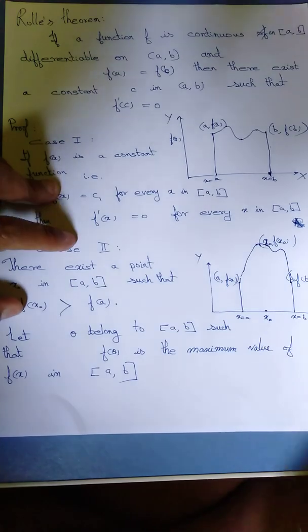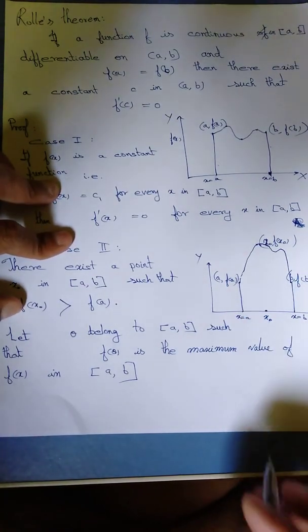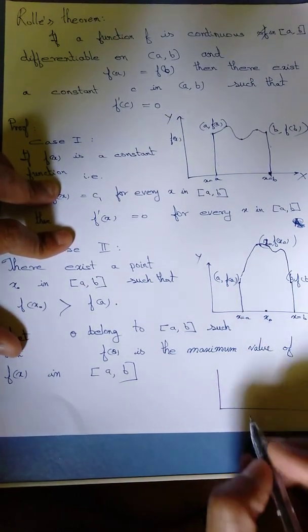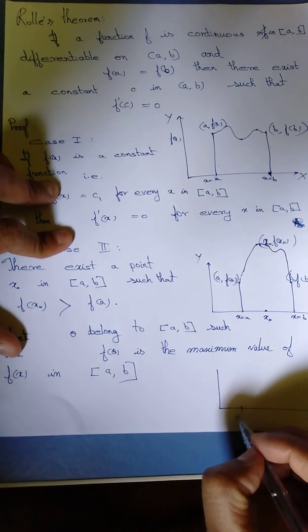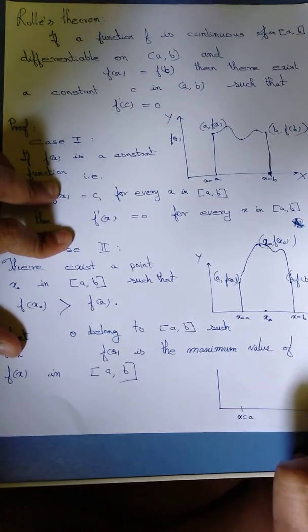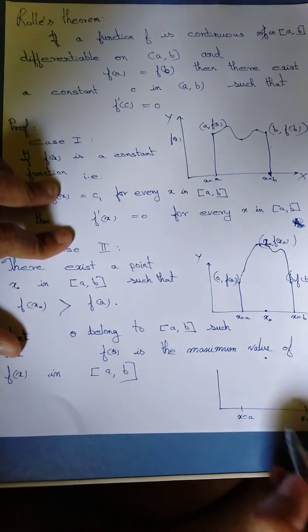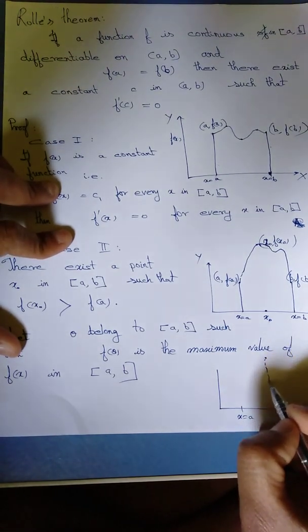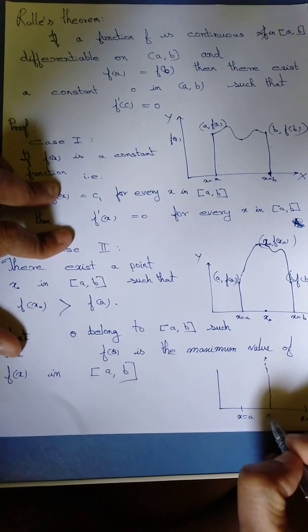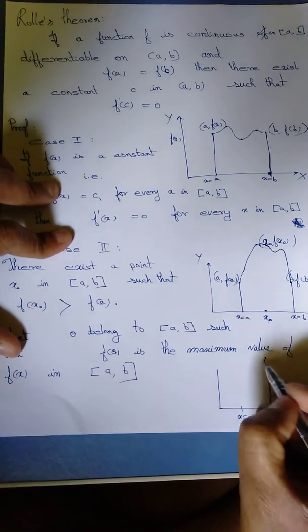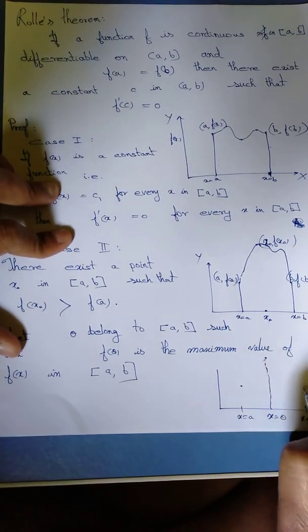What does that mean? Well, whatever be x0, I don't care, but let's draw it once again. We have x here, x equal to b here, and I know that for x equal to theta, f(theta) gives us the greatest height.